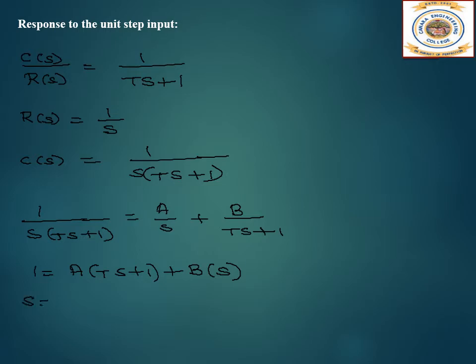If I put S equal to 0, then we get A is equal to 1. Next, I need to put S equal to minus 1 by T. So if I substitute S equal to minus 1 by T, I get B is equal to minus T.